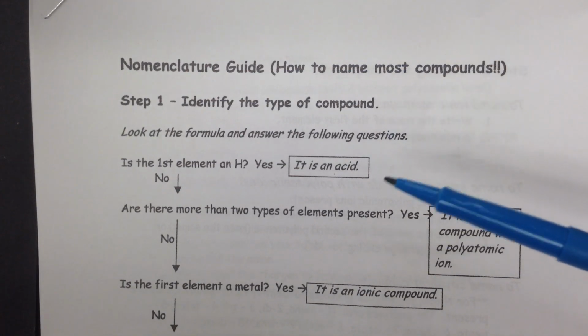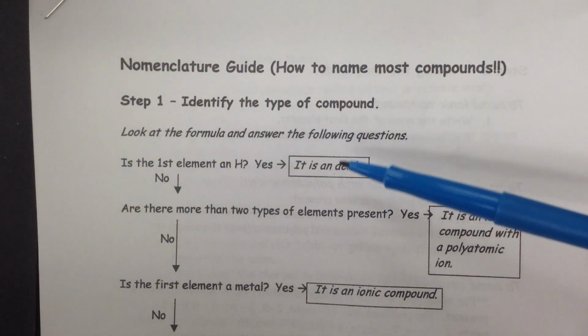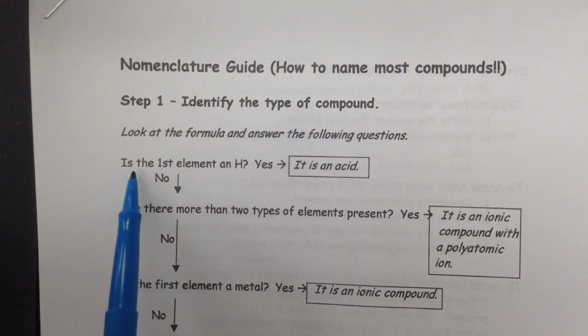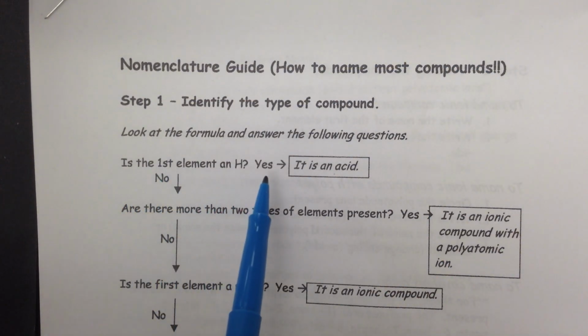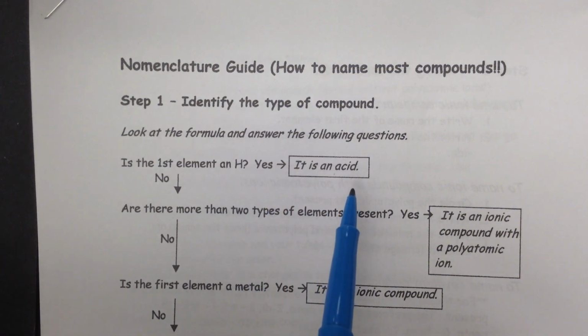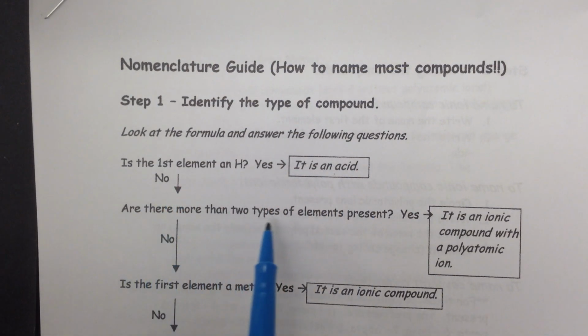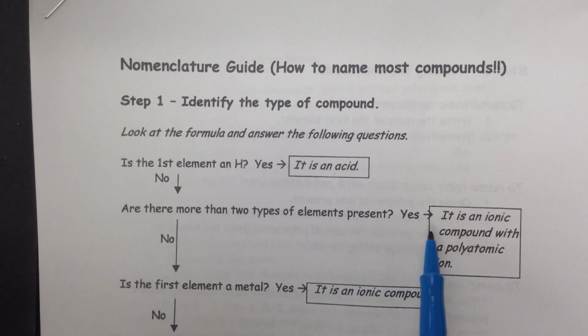So if you take a look at it, this page right here is telling you how to identify a compound, and it's a flow chart. So if you take a look, it says, is the first element an H? If your answer is yes, then you know you're dealing with an acid. If your answer is no, follow your flow chart. Are there more than 2 types of elements present? If your answer is yes, then you know it's an ionic compound with a poly in it. If your answer is still no, then I ask you, is the first element a metal?